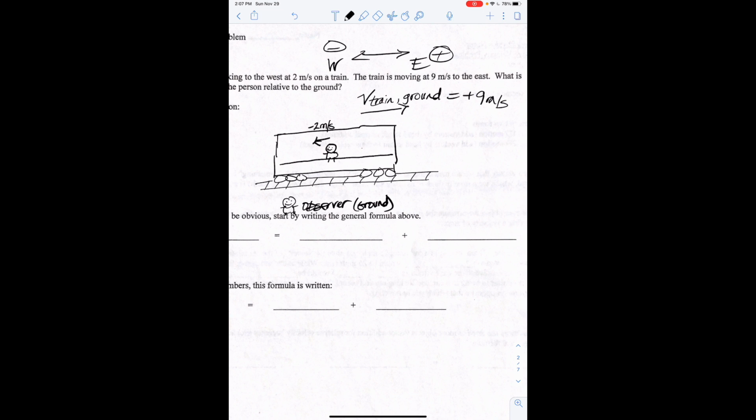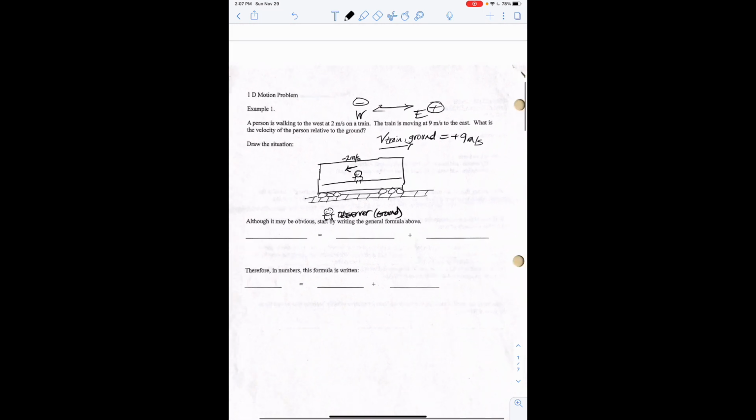And this is the velocity of the person relative to the train. I'll just call it that: velocity of the person relative to the train. So the person is the person on the train, and the observer is on the ground. We're calling one the person and one the observer, so we can keep the two separate.